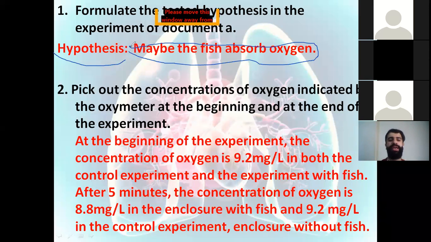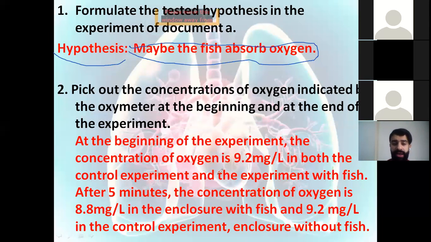Okay, moving to the second part. They said pick out the concentration of oxygen indicated by the oximeter at the beginning and at the end of the experiment. It's very easy to pick out. Either you have to bring them from the document, figure or graph, or you have to pick out from the text. Here we have the graph.